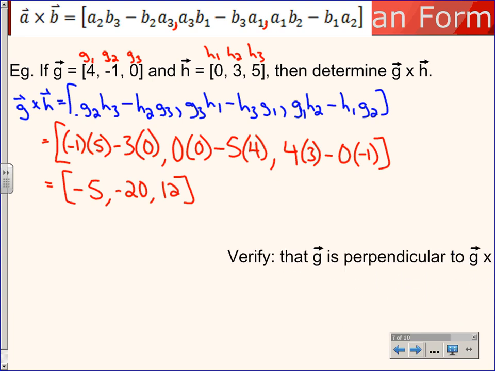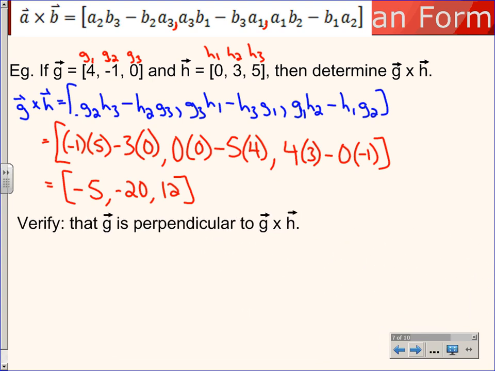Now, the question says to verify that vector g actually was perpendicular to g cross h, because remember, when we find this cross product, it is supposed to be perpendicular to both g and h. That was what it was supposed to do.